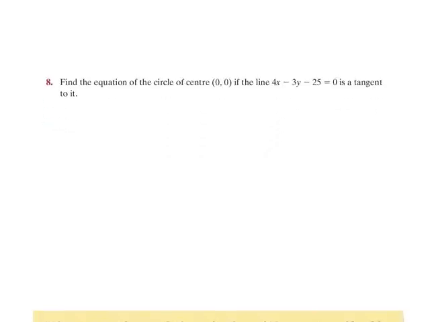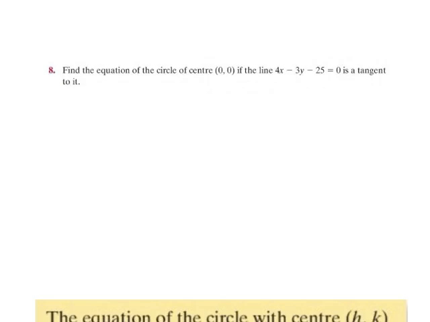Okay, a tangent. Find the equation of a circle centered at 0, 0 if the line 4x minus 3y minus 25 equals 0 is a tangent. So tangent, so let's see, we have our center 0, 0, and then we have a line.